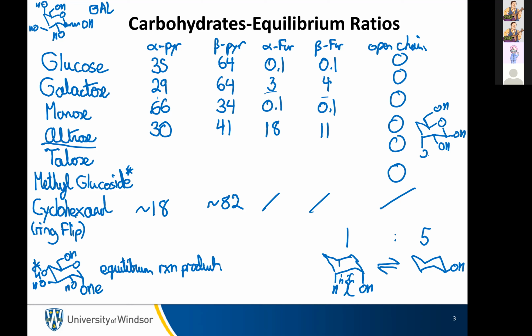This is why I hate it. I just don't like the C3 axial. It upsets me. Suddenly it has an awful lot of the furanoses, like tons of them.